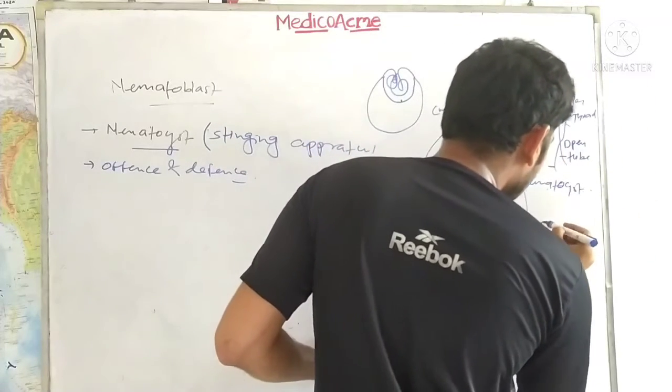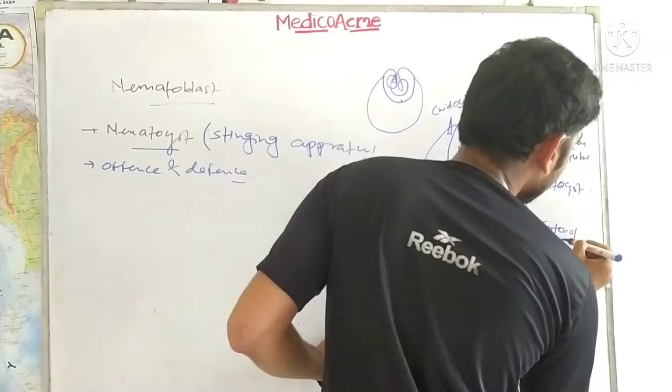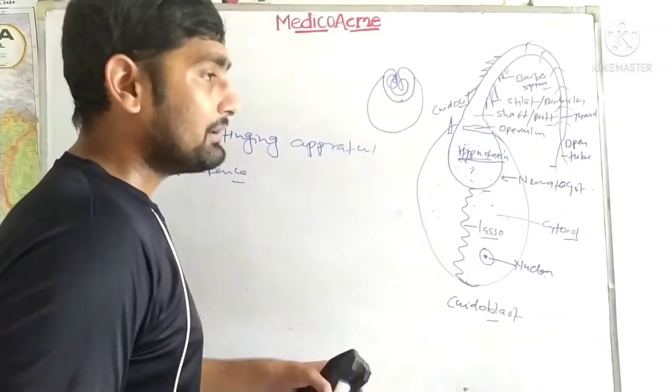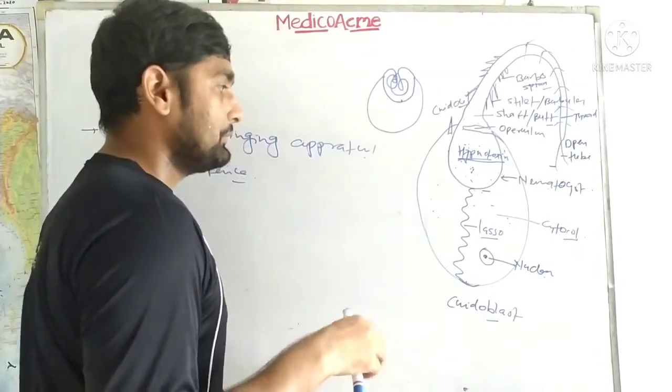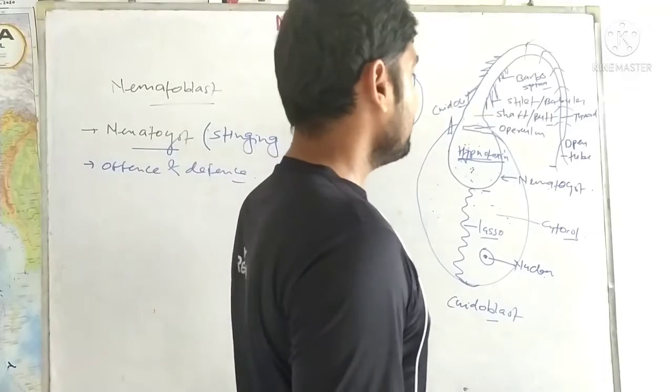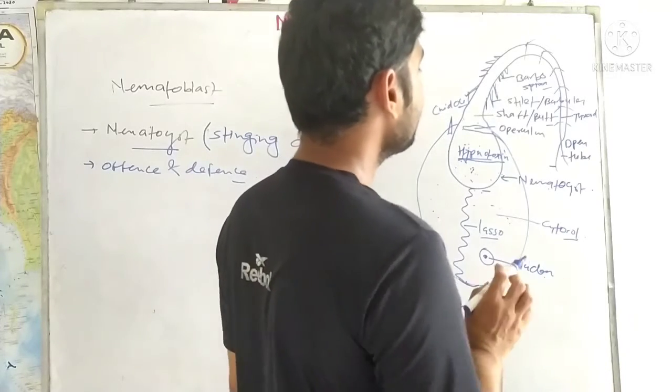So here will be the diverse cytoplasm. I mean all the cell organelles which are important for survival will be here.